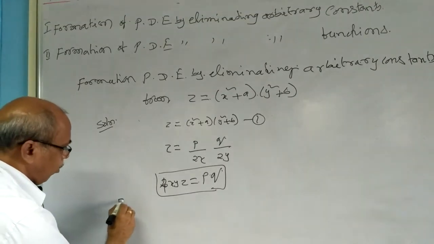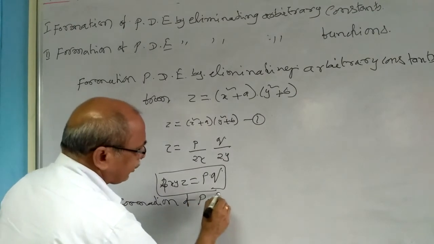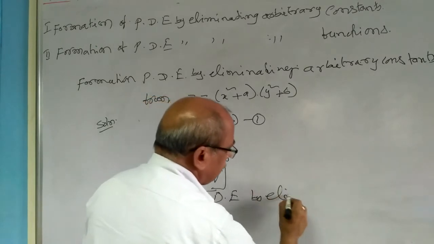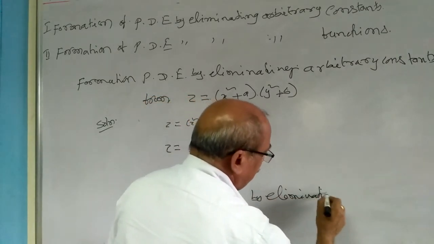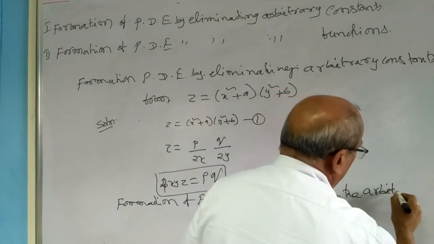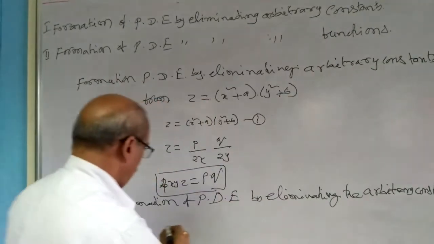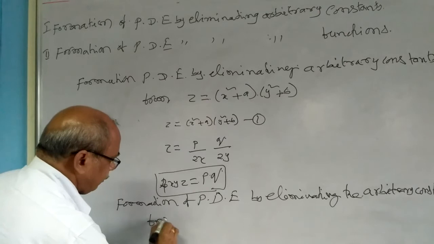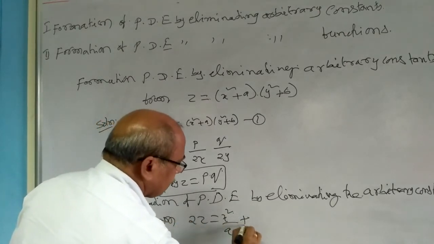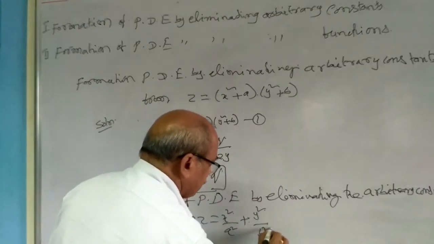Problem: formation of partial differential equation by eliminating the arbitrary constants from 2z = x²/a² + y²/b².